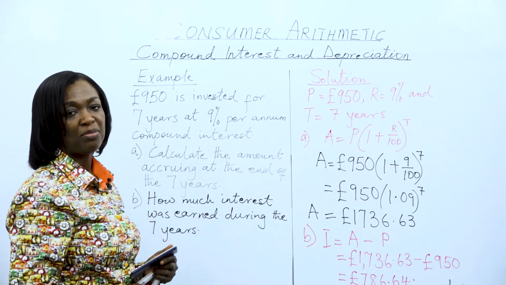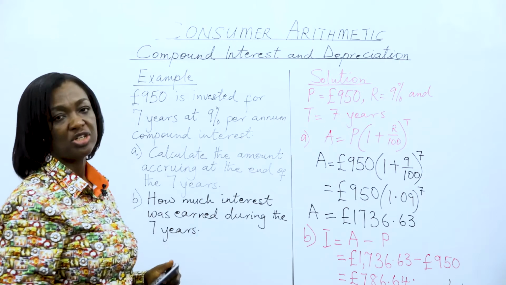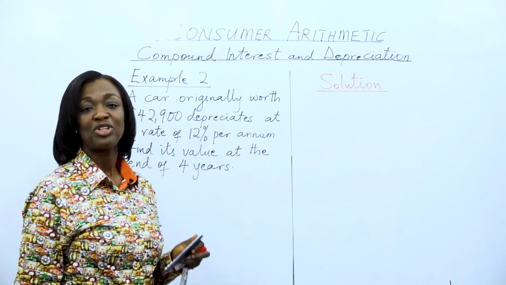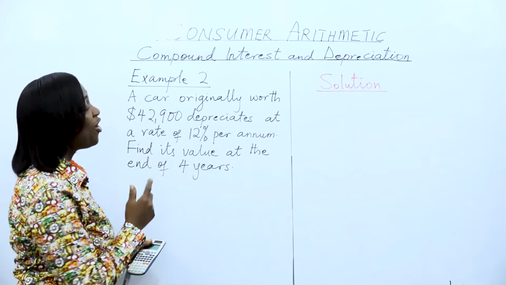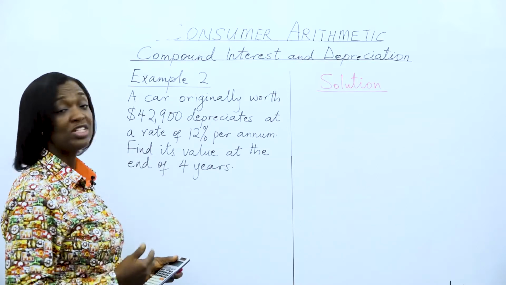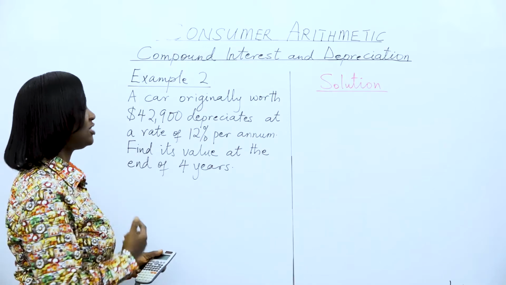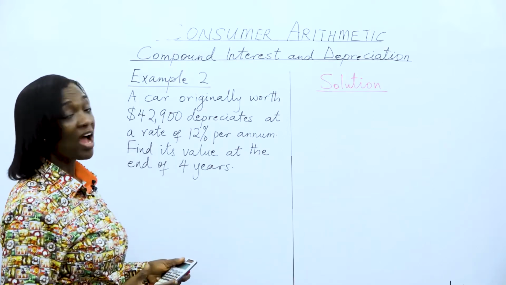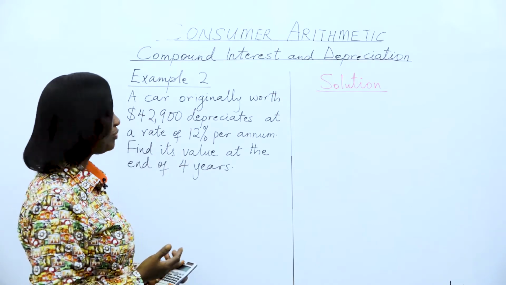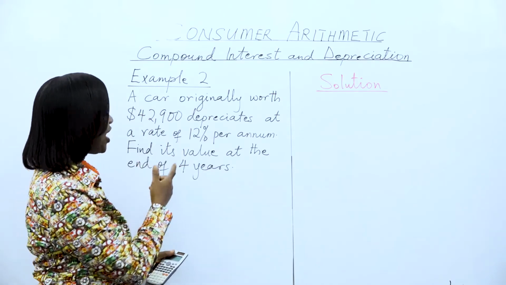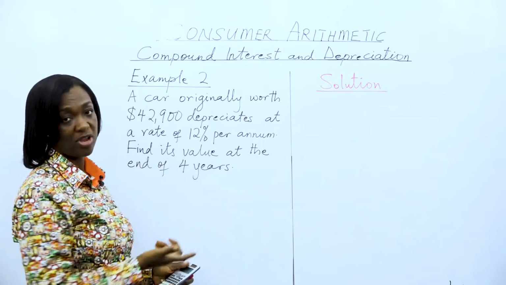Let's look at an example involving depreciation. In this example, we want to calculate depreciation. A car originally worth $42,900 depreciates at a rate of 12% per annum. Find its value at the end of 4 years.